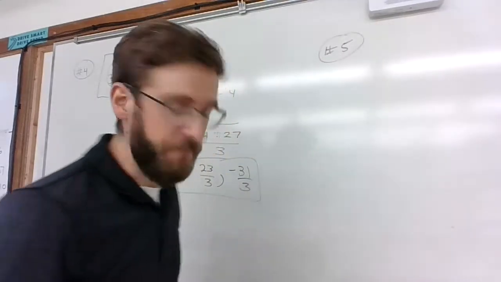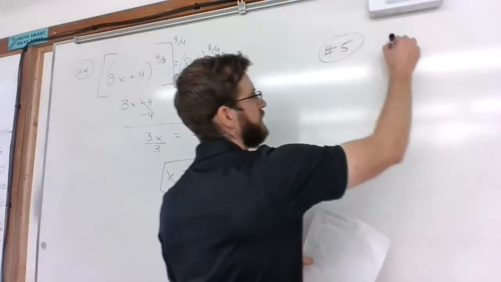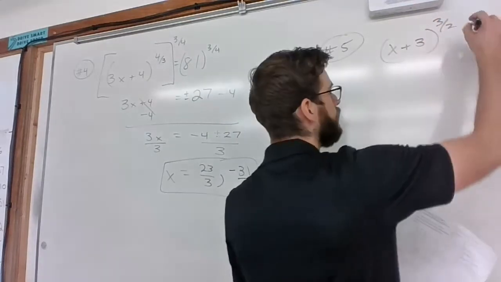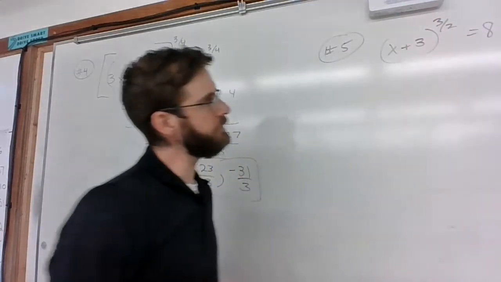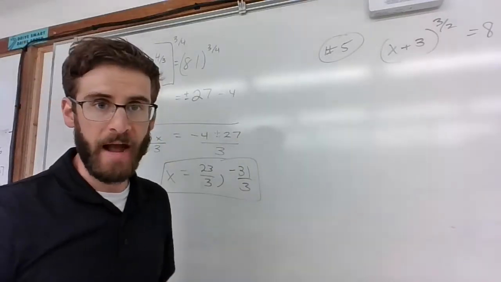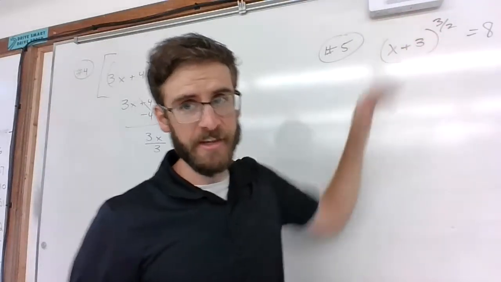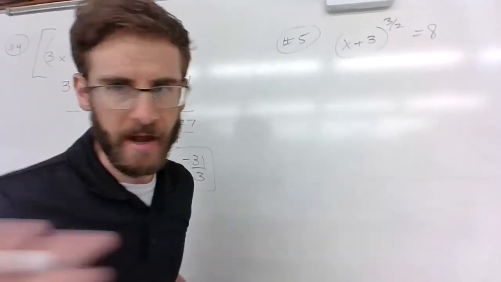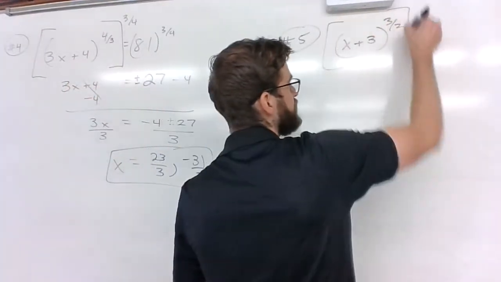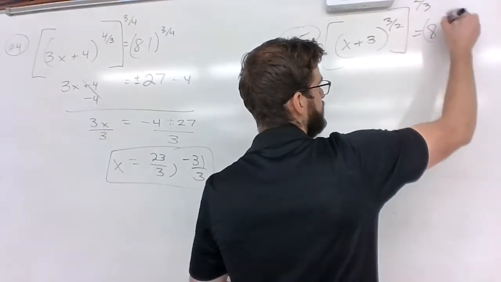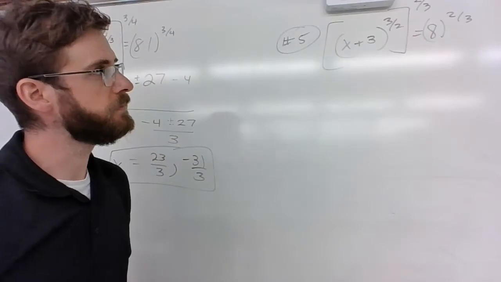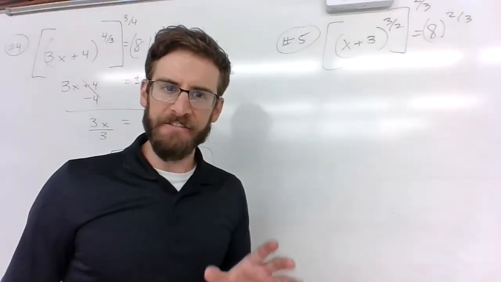All right. 5th example. We're given a power to the odd over even. We can apply the reciprocal of that power, 2/3, to the exponent here. And try to visualize this.